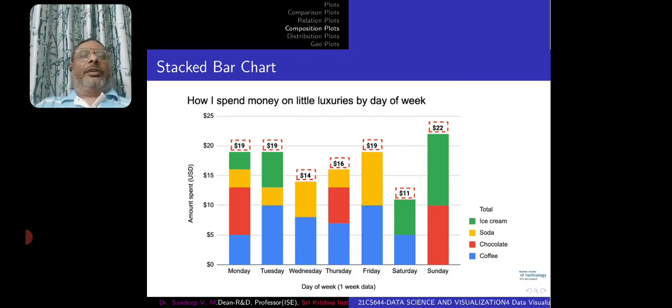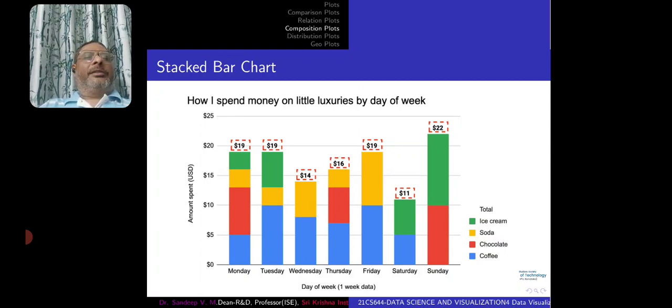So on Monday what happens, Tuesday what happens, and all. So we can see that the total amount spent is maximum on Sunday, though only two categories were used, but still the total is 22, highest among all of them.